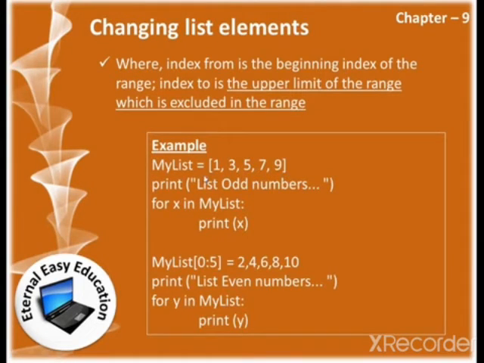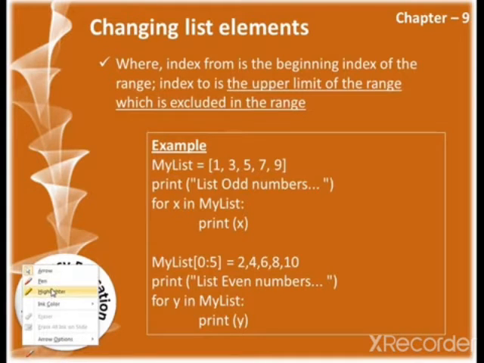These are the values. Am I right? What is the index value? 0, 1, 2, 3, 4. As it is 5 elements, the index goes from 0 to 4. But if we want to change the whole list, then I have to take the upper value as 1 more, that means 1 value incremented.